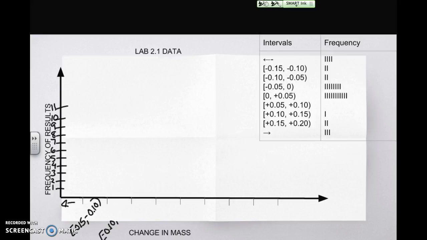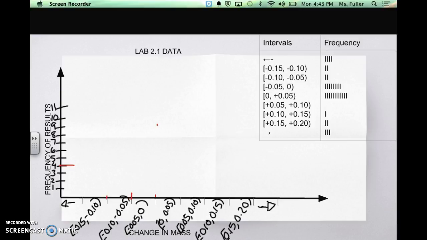You should be doing this along with me. And then we have our outlier error right there.